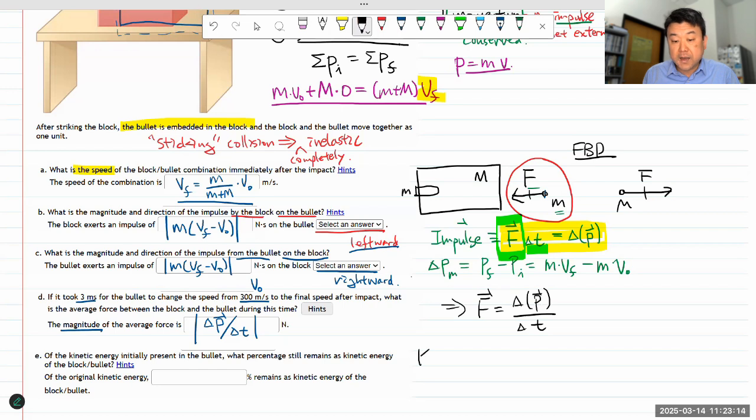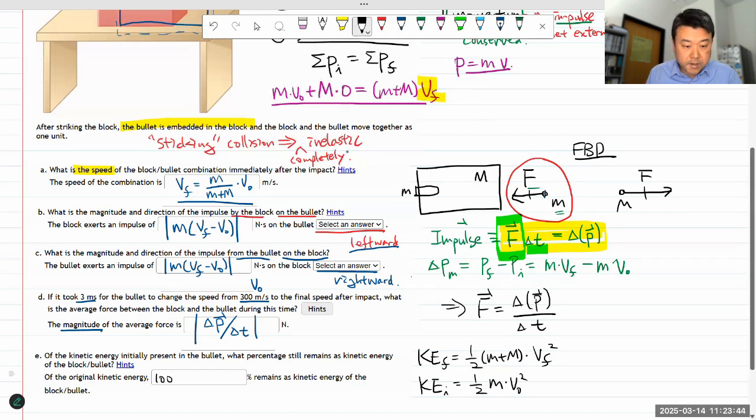The final kinetic energy is going to be 1/2 the total mass, the sum of the masses, times the v final squared, and the initial kinetic energy is equal to 1/2 the small mass of the bullet times its initial speed squared. And for the percent that remains as kinetic energy, 100 times KE final divided by KE initial.